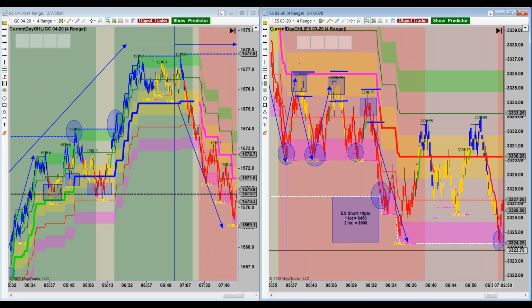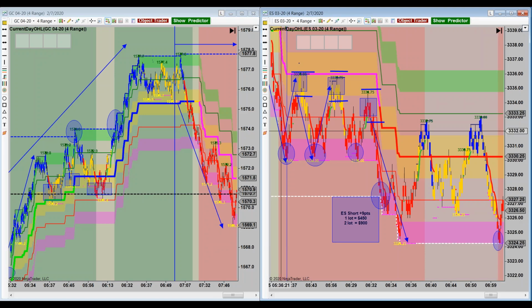What does that white dashed line mean? What is the white dashed line, everybody? It's off the current day OHL indicator that you can use from Ninja straight out of the gate. It's hitting the low of the day at 6:59.